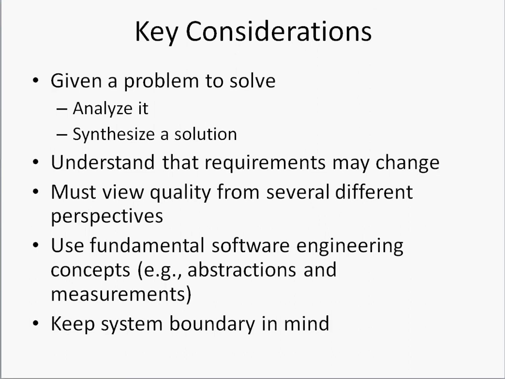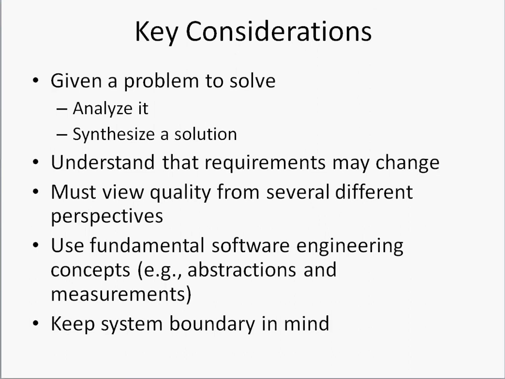We also need to understand that we need to view quality from several different perspectives. One of them is the value-based view of quality, and then others feel that quality is tied to meeting specifications. We also touched on some fundamental software engineering concepts such as abstractions and prototyping. Those are critical ideas that we're going to be reviewing in great detail as we move further into this course.